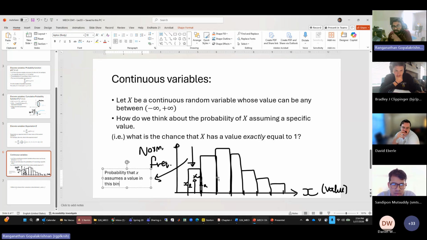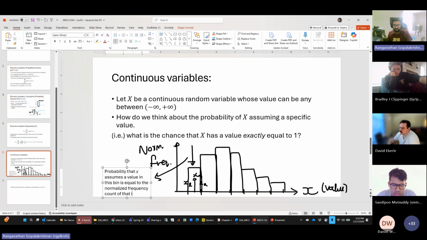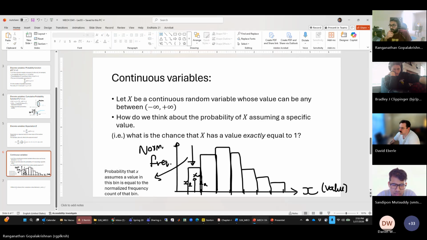It's true for any bin. It's basically saying X has a value between the lower and upper, and the chance is equal to the normalized frequency count of that bin. Are you with me so far?